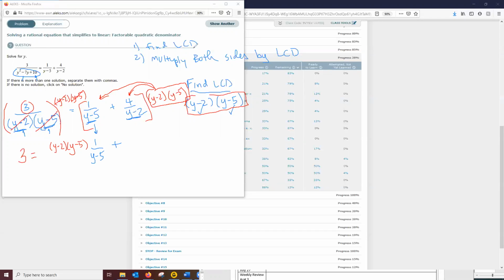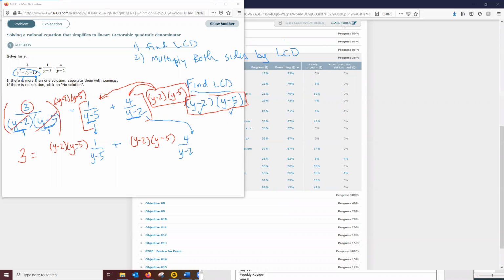Then I'm going to have again that y minus 2, y minus 5. And that's going to be multiplying the second fraction in the parentheses, the 4 over y minus 2. Okay, so again, this was a kind of a distributive property.